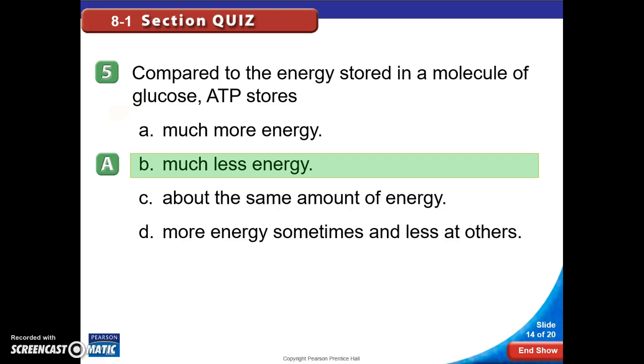If you think of the formula for glucose, it's C6H12O6. So there are a lot of bonds there that are going to be broken that are able to release energy. And when we break apart a glucose molecule, we're actually able to make between 32 and 36 ATPs. So that's how much less energy is found in an ATP molecule versus a glucose.